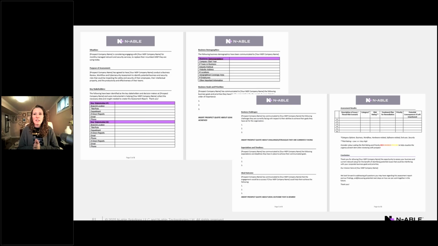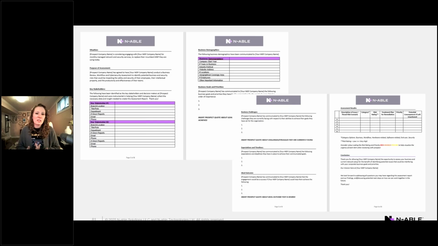It's a report that focuses on what's important to the business owner and the C-suite, and what they value. Because at the end of the day, we need to talk in the love language of business owners, non-technical business owners. I've seen a lot of reports with hardware inventories, software inventories, very high-level technical information, percentages, graphs.